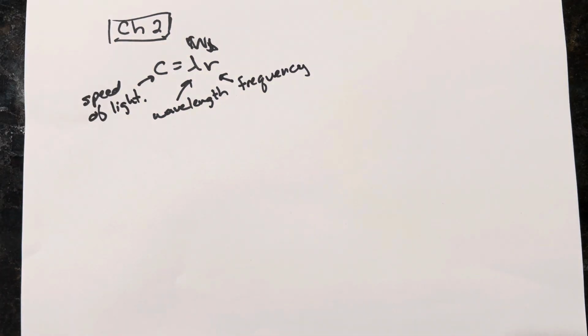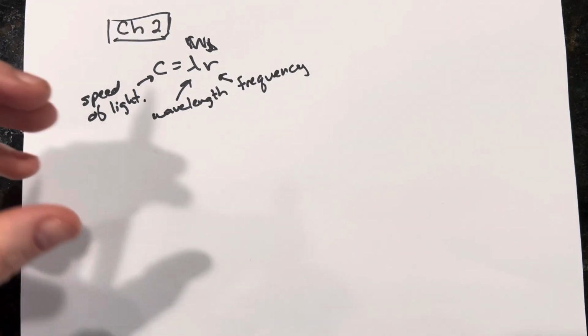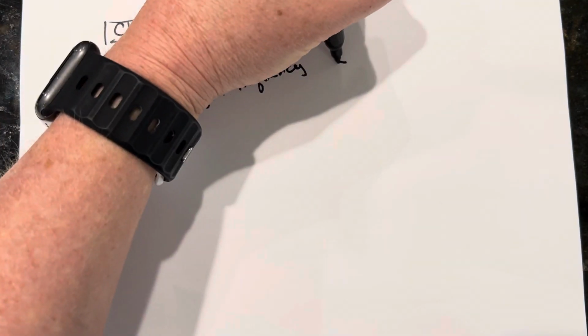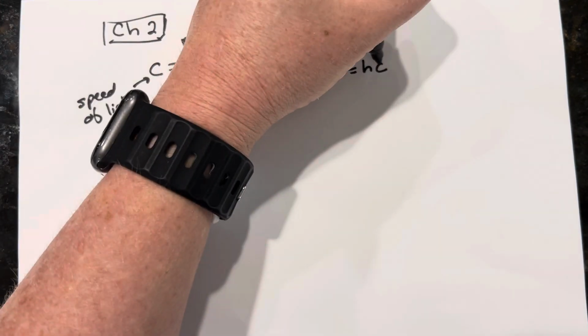Now in some other videos, and depending on your semester in class, we will talk about the one kind of master equation that we look at, because we also at some point said that E equals h nu.